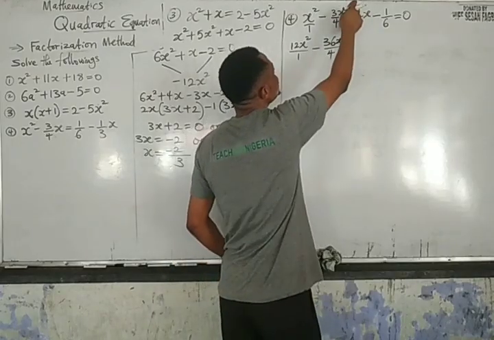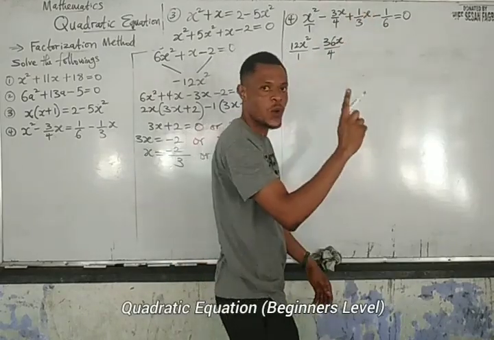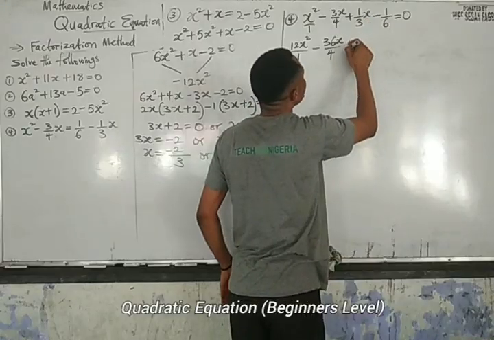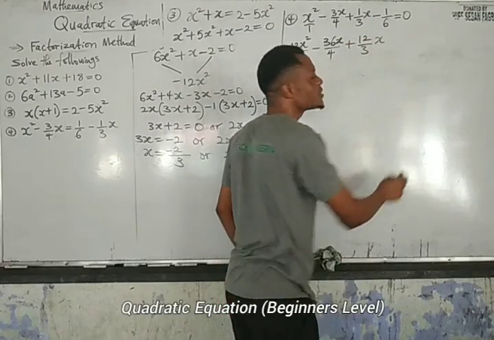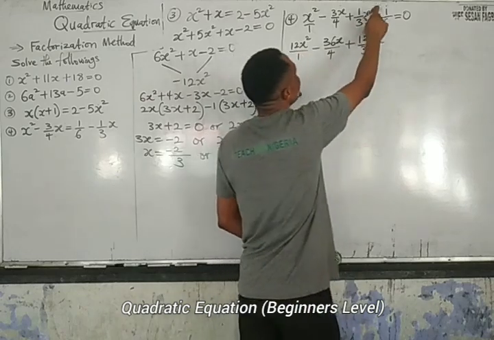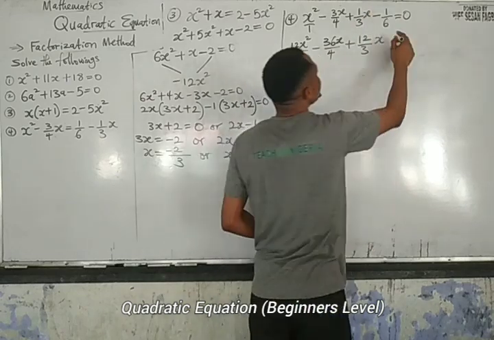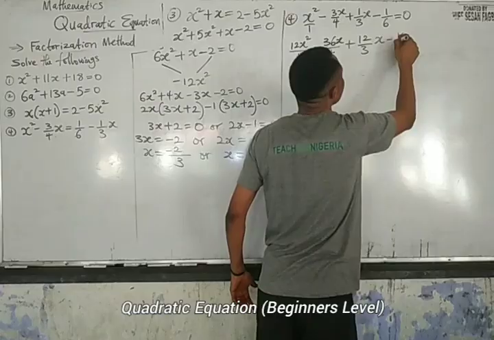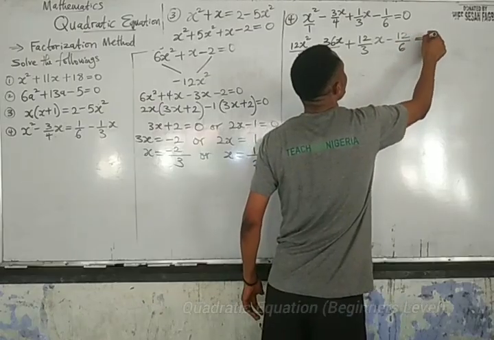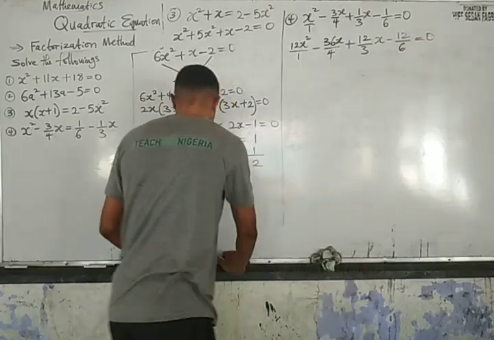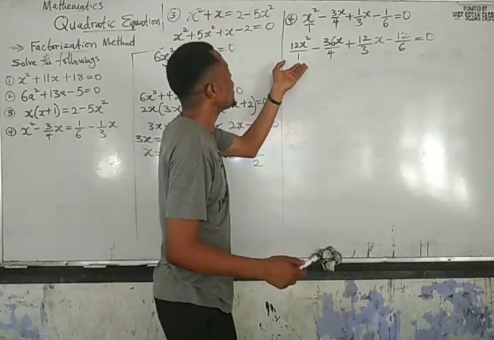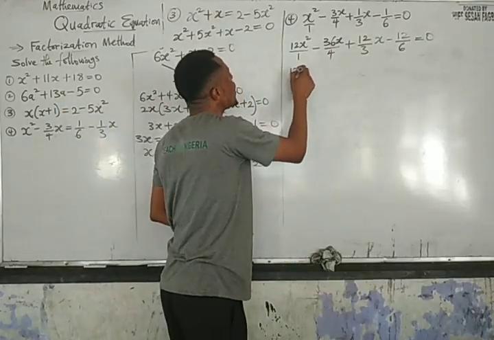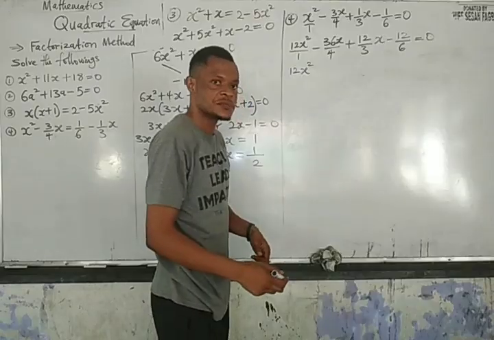And for this place, 12 multiplied by 1, we are going to have 12 over 3x. And finally for this, 12 multiplied by 1 again is going to give us minus 12 all over 6, all to give us 0. 12 divided by 1, we have 12x squared.